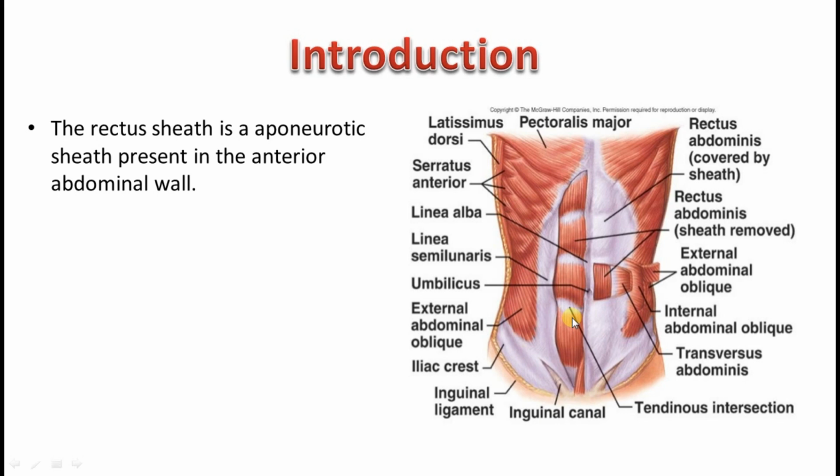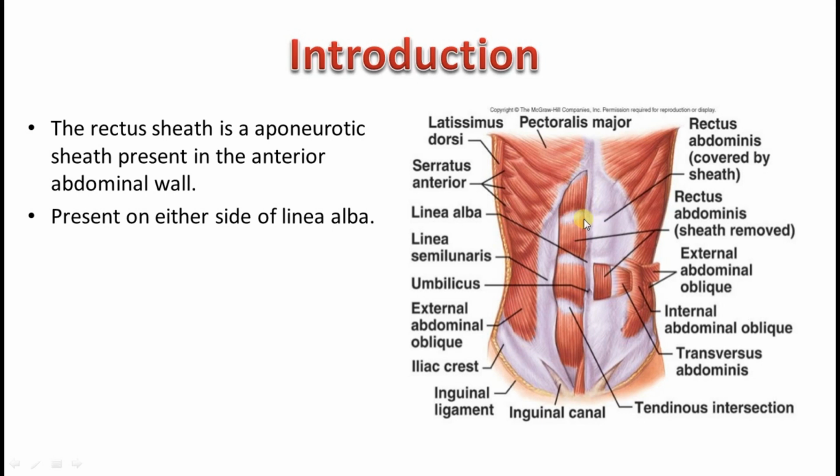Now, we will understand about this rectus sheath, why actually it is present, what are its functions. Now, the rectus abdominis muscle is present on either side. This is one muscle for the right side and this one muscle for the left side.